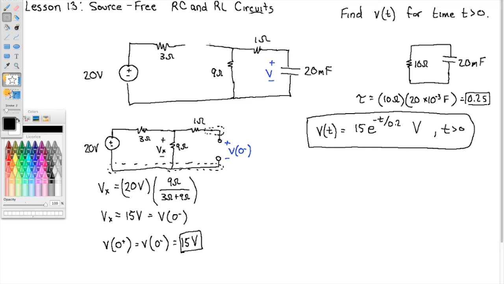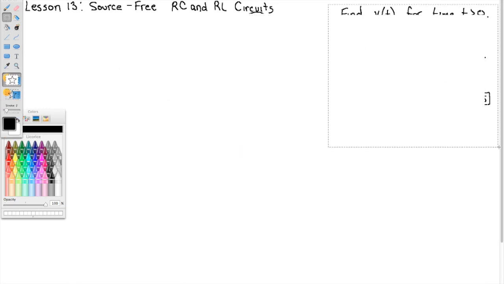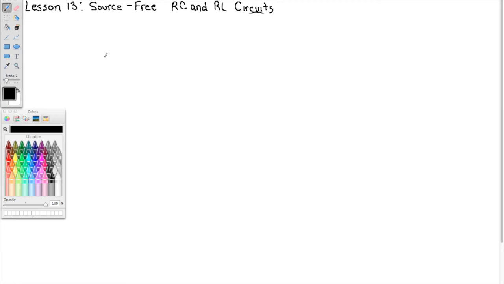Now, for the RL circuit, let's once again assume that the inductor this time is charged. I guess we'll say it's initially storing energy. So here's L, here's R, right? And we'll look at the voltage.